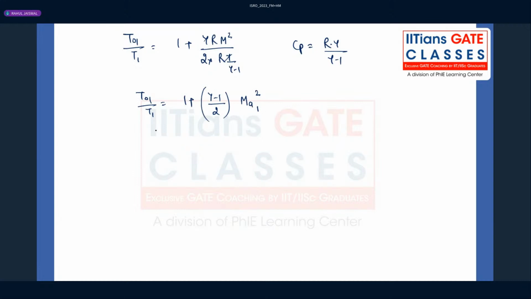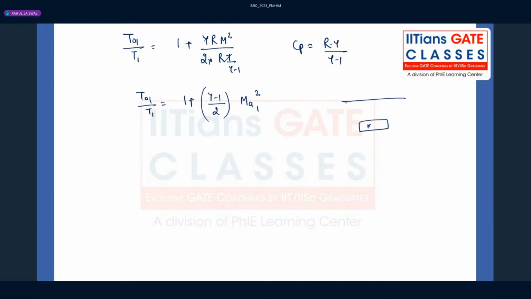Now, my dear friend, this is state number 1, where T01 corresponds to T1. Then T star corresponds to what we call the sonic condition.